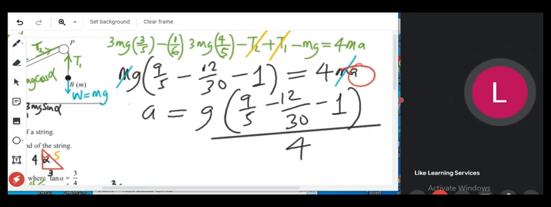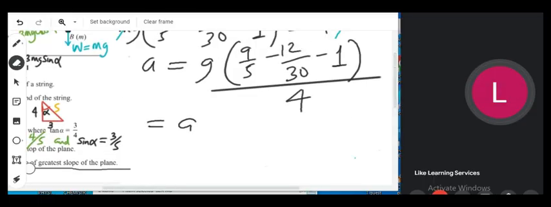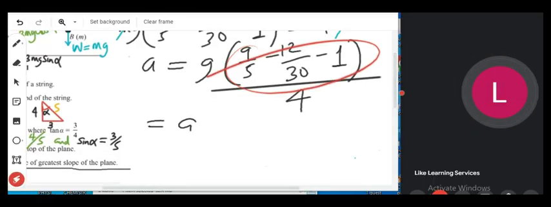Making a the subject of the formula, this whole place divided by 4. We simplify the numerator. The LCM is 30.